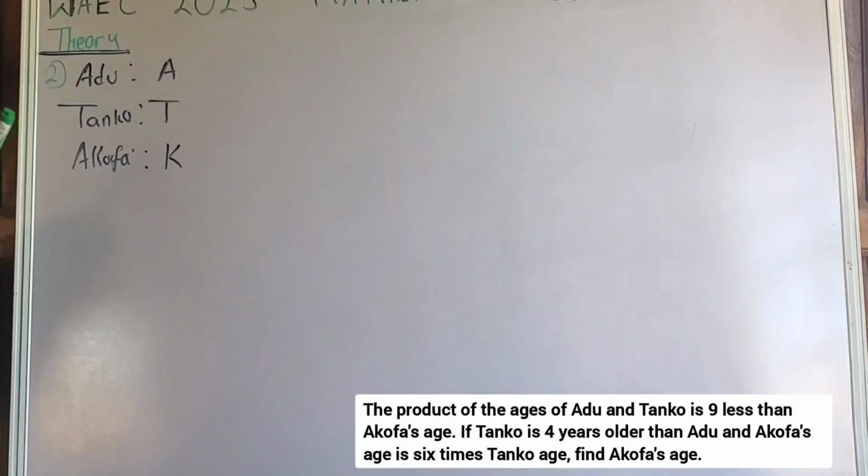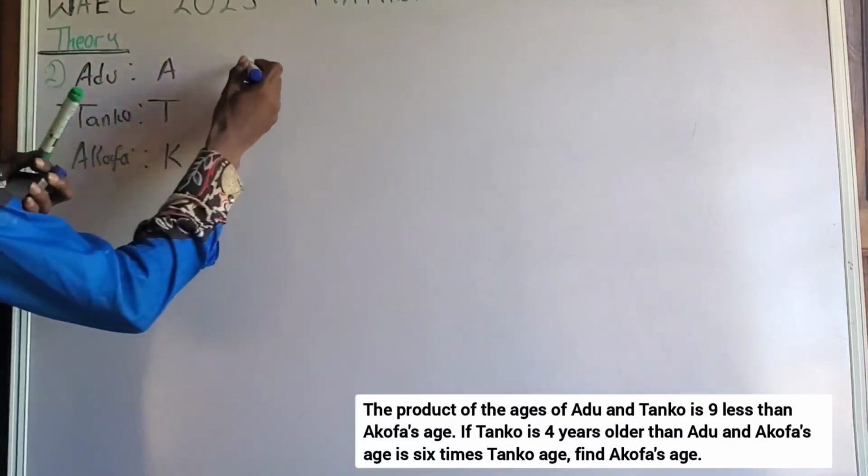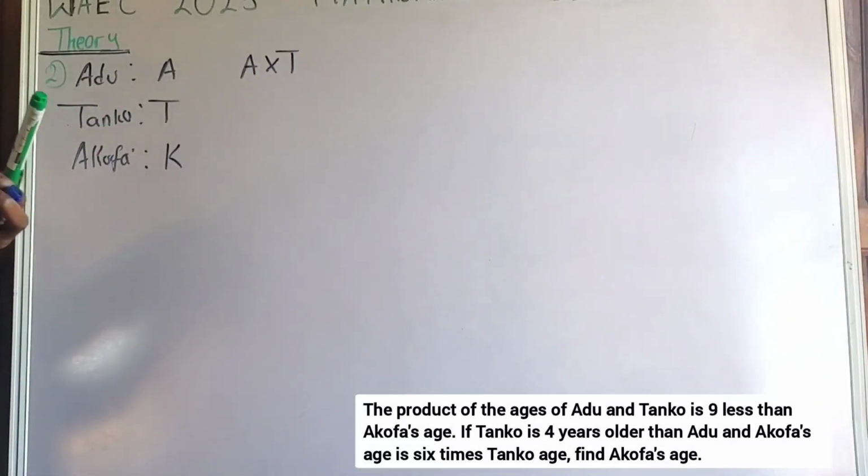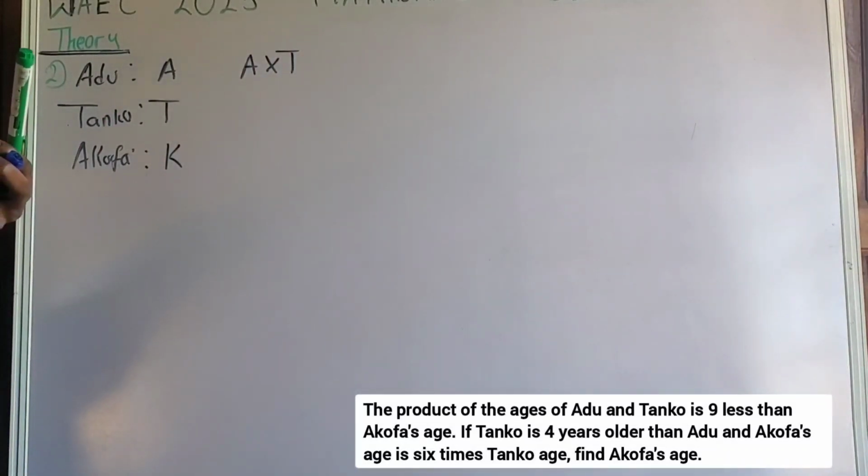Now from the first statement, please pay attention. The product of the ages of Adu and Tanko, that is A multiplied by T, is 9 less than Akofa's age.